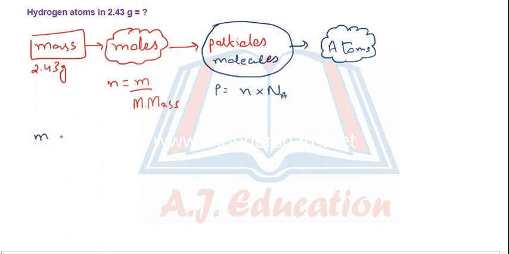The mass of aspartame given here is 2.43 gram.